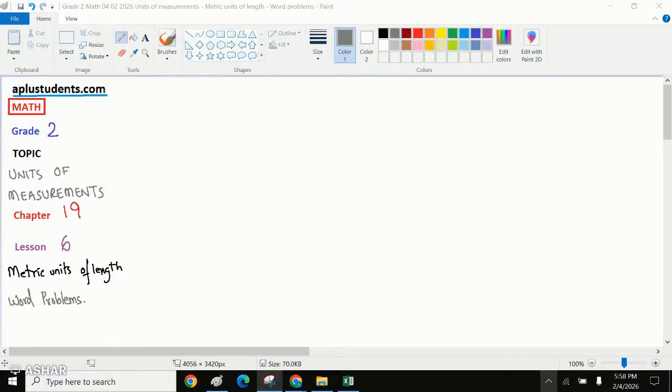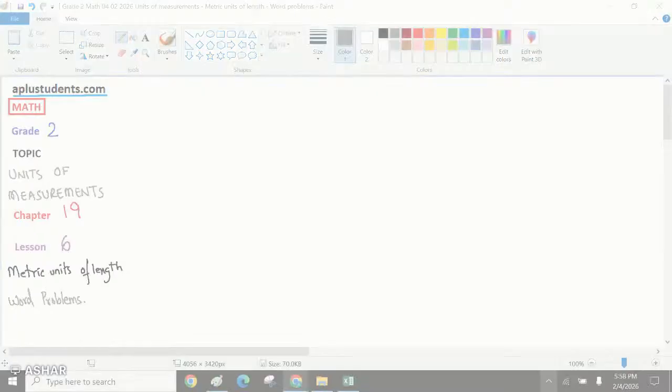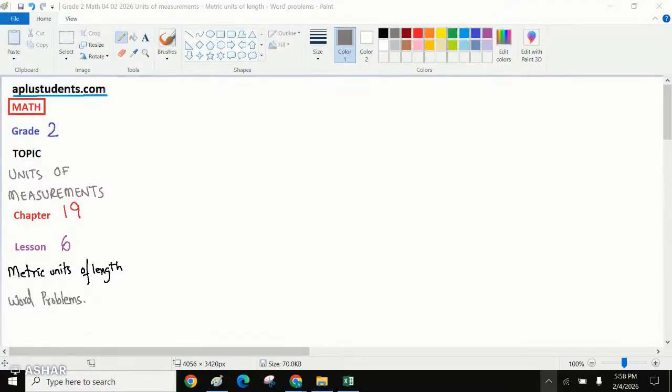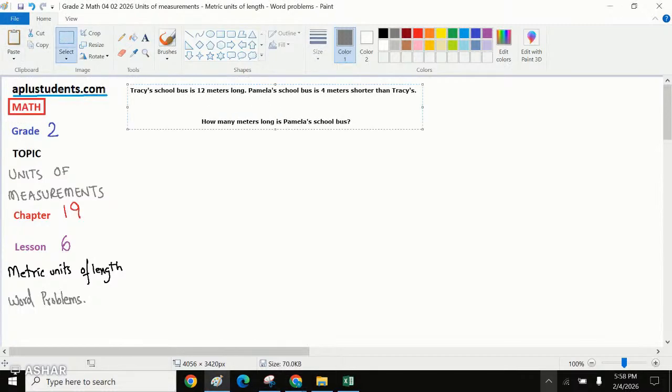just a moment, please. Let me copy the question first. Tracy's school bus is 12 meters long and Pamela's school bus has a certain length. Let me copy and align. Okay, let's realign this first.